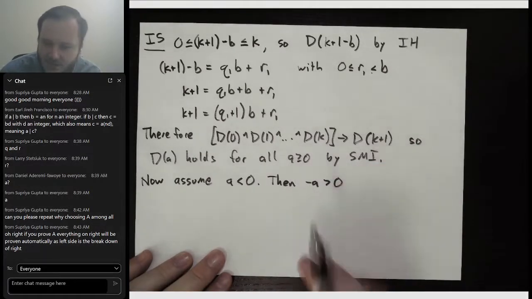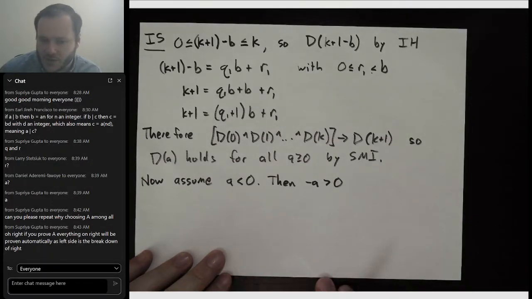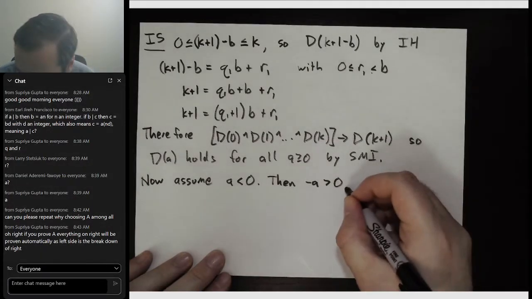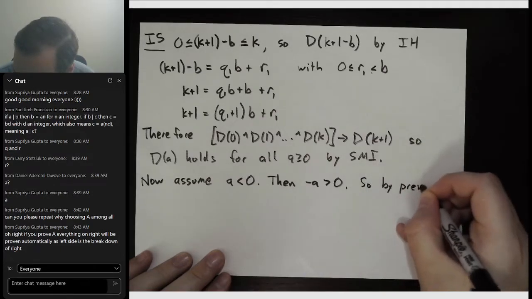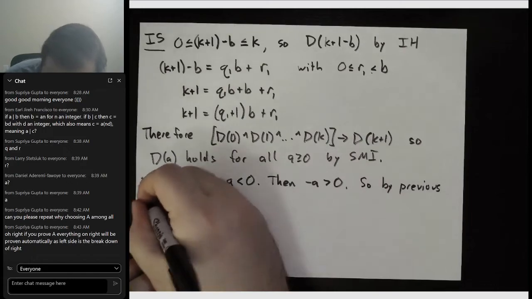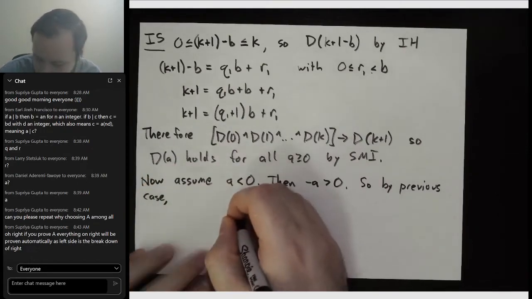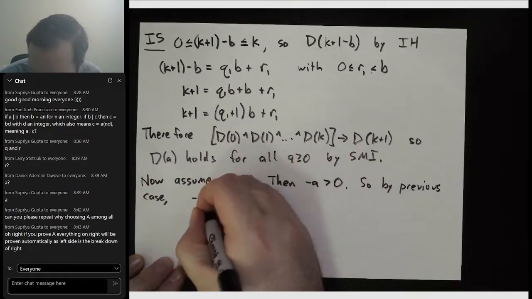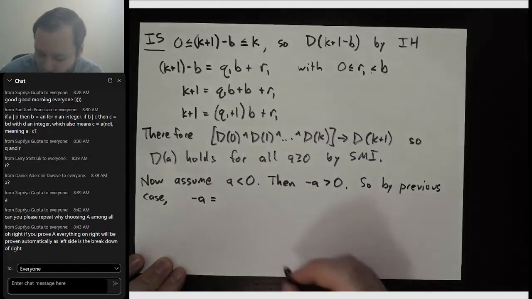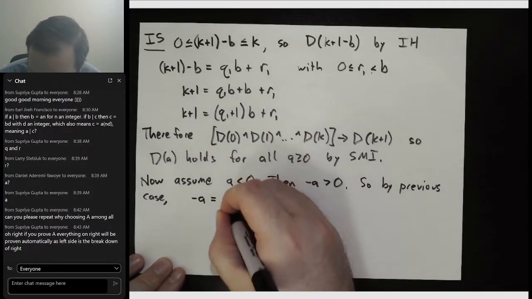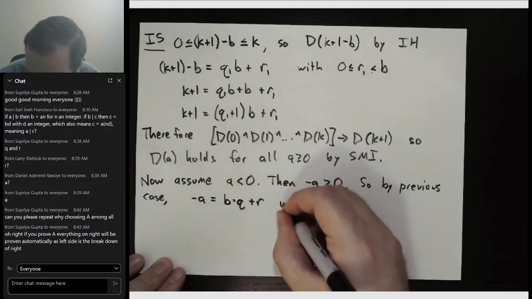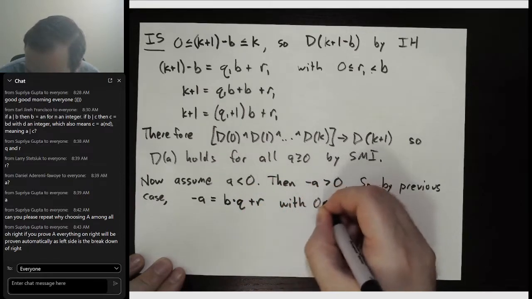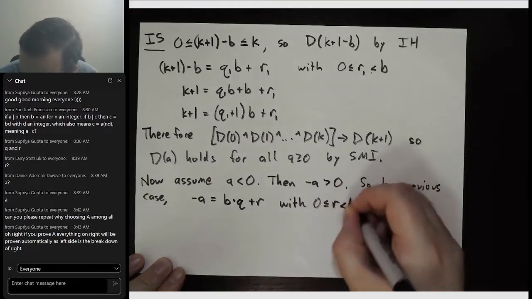I've already handled cases that are greater than or equal to 0. So by previous case, I know that negative a can be written in the form b times q plus r with 0 less than or equal to r less than b.